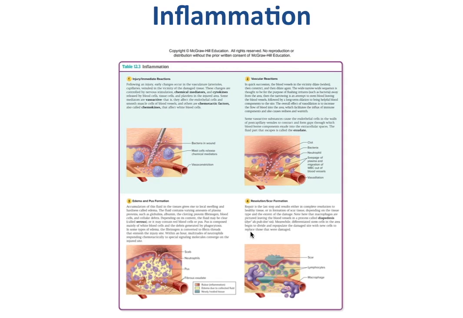For example, here we can see this diagram. If a patient gets an injury from this nail, the nail can damage the vessels and cause the rupture of the skin. It can also induce the invasion of microorganisms.